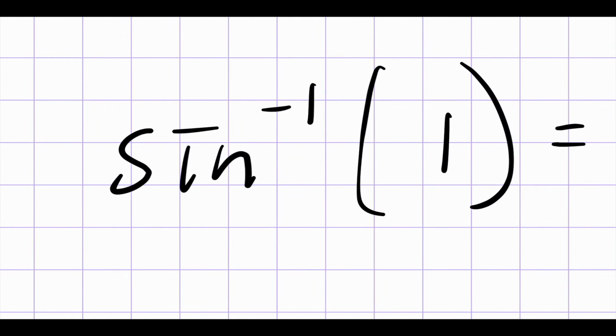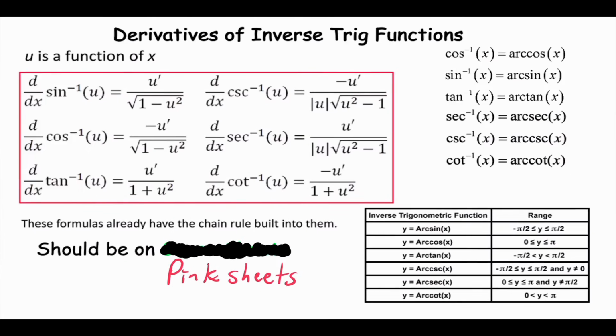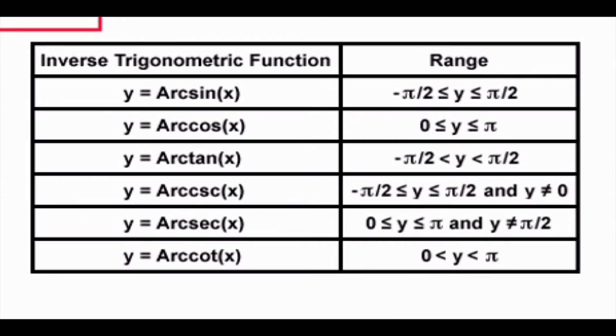So where specifically? Well, that's where we come into this guy here. So with inverse sine, you'll see the word arc in here, it's the same thing. So instead of writing the negative 1, they write arc. It's the same thing, okay?